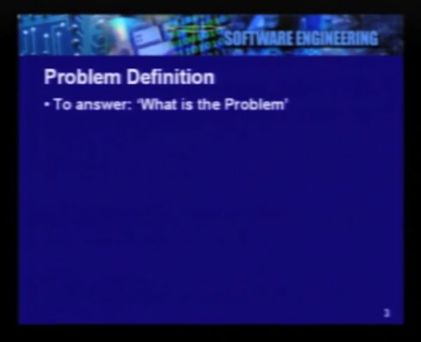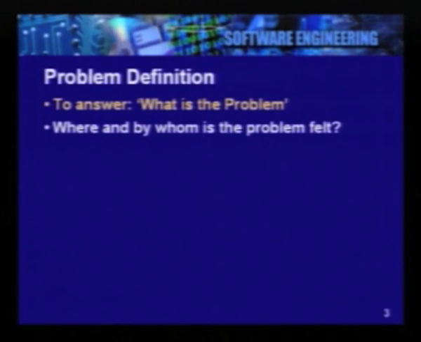So, let us begin by talking about the first step, the problem definition. In this, the simple question that we ask ourselves is, what is the problem that we are trying to solve? Who has faced this problem? Where exactly in the organization has the problem been felt?